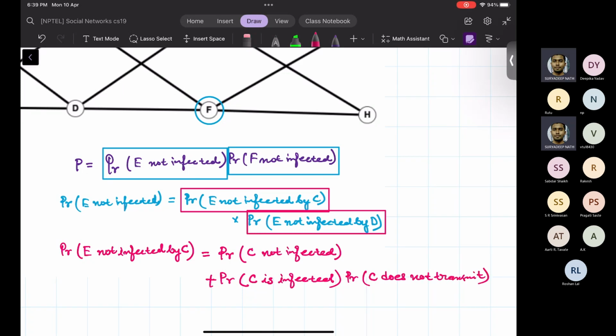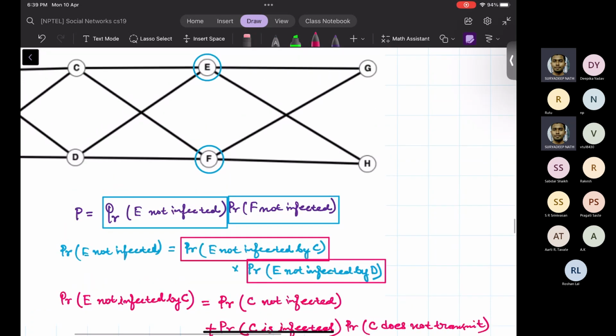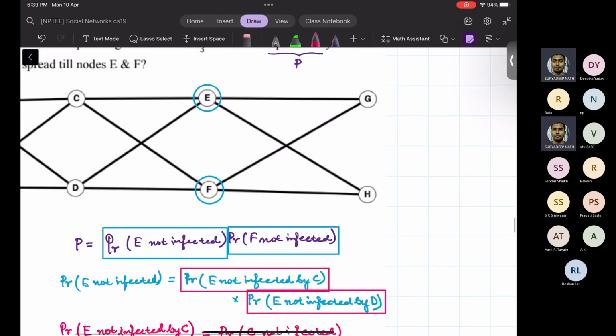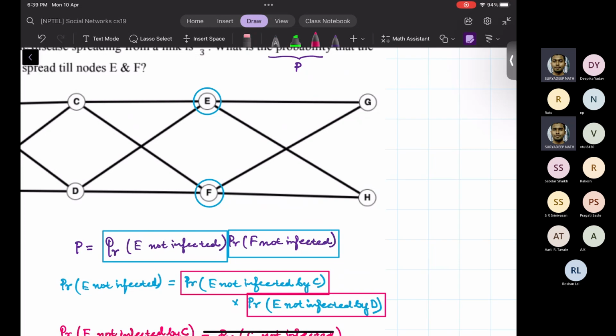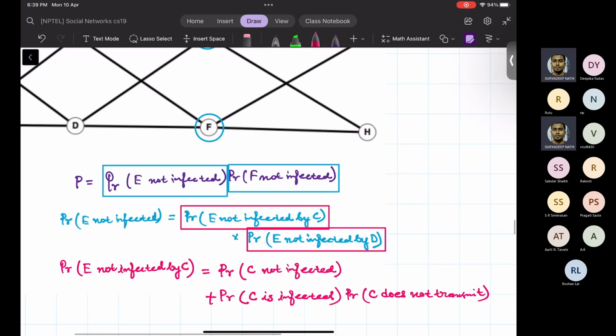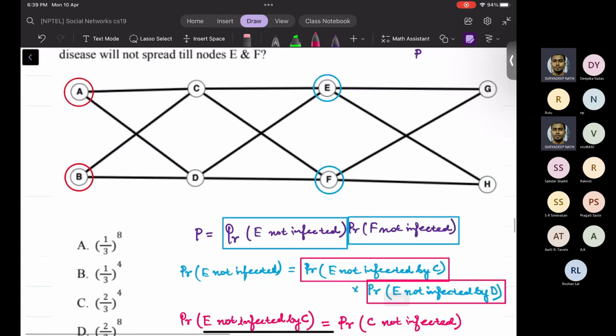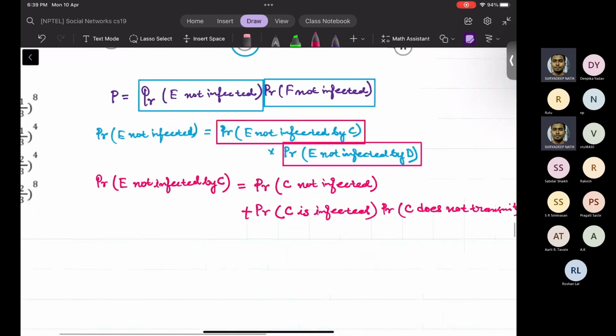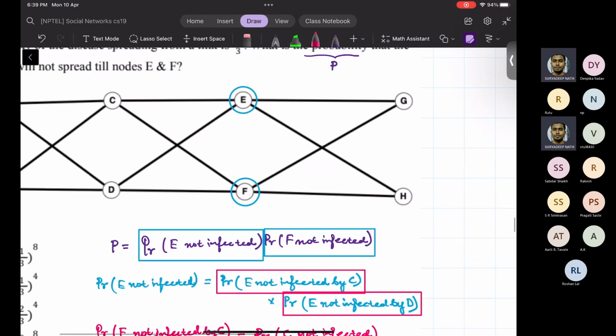Now these two are again independent events. So when C is infected, whether it transmits or does not transmit to E are independent of each other. So in such a case, we again use the independence of the two events. And now let us find the probability of C not infected.